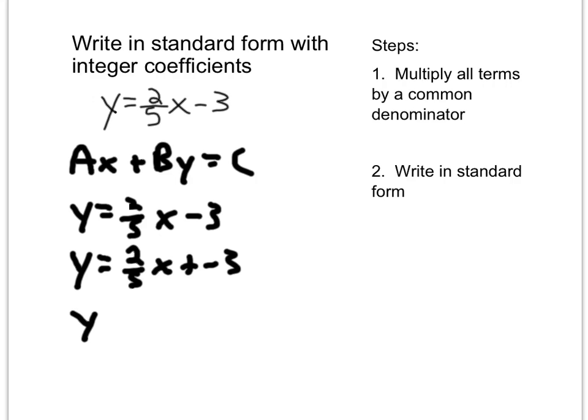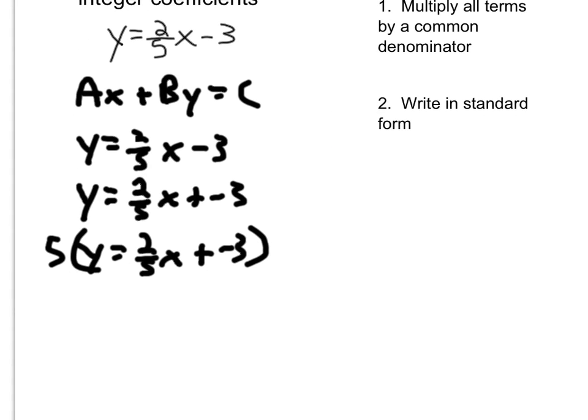So I'm going to take y equals 2/5 x plus negative 3, and multiply it by 5. And again, we have to make sure that we distribute this to every single term here. So 5 times y is 5y. 5 times 2/5 just gives me 2 x's.